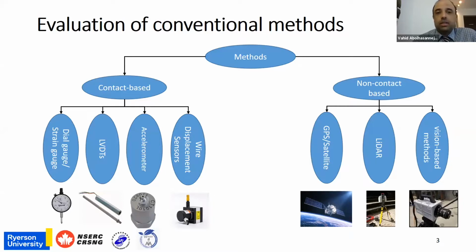That is the disadvantage of these methods. But at the moment they are mostly used in the industry because they are reliable, accurate, and already tested in the field. But the non-contact-based methods are still improving and still under research.